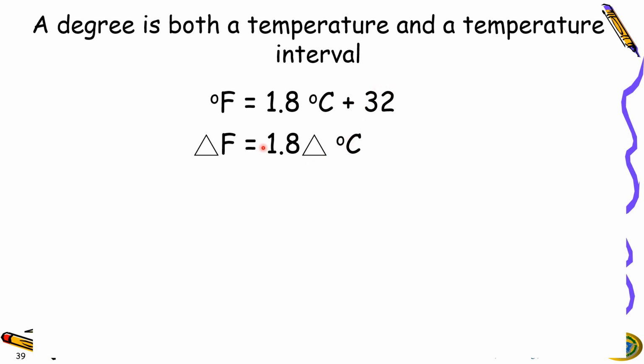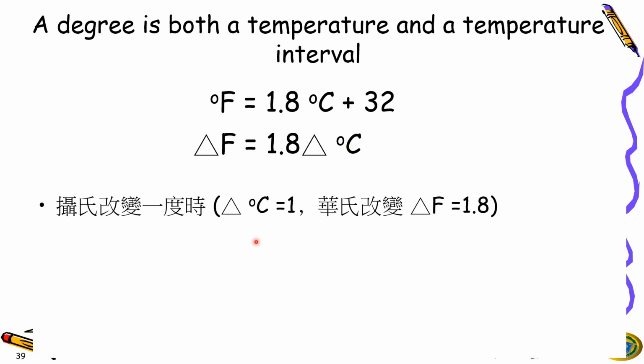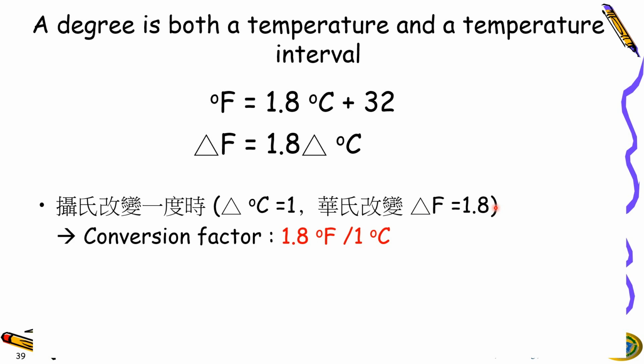So what does that mean? The conversion factor is 1.8. Once you change 1 degree of Celsius, the Fahrenheit changes by 1.8. So the conversion factor is this.